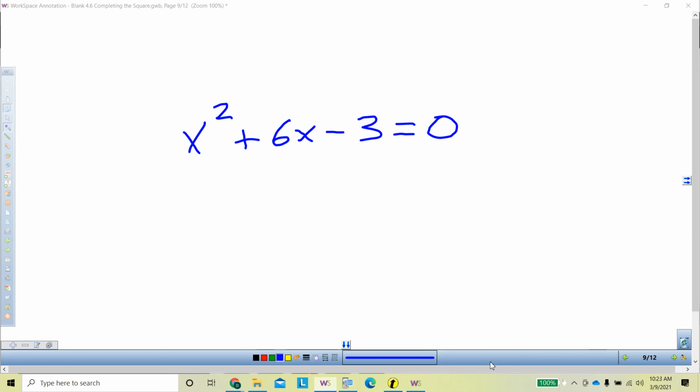Right, so I want you flipping back and forth in your notes, looking at a previous example, trying to figure it out. And as I said, if you get completely stuck, I can help you.